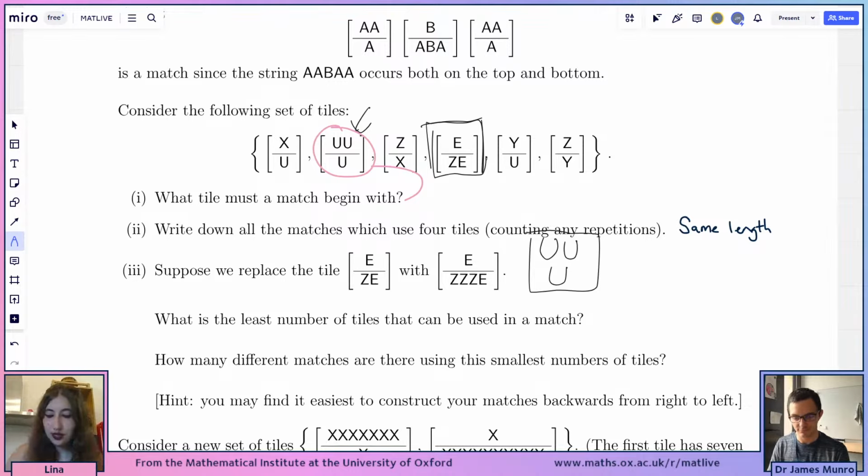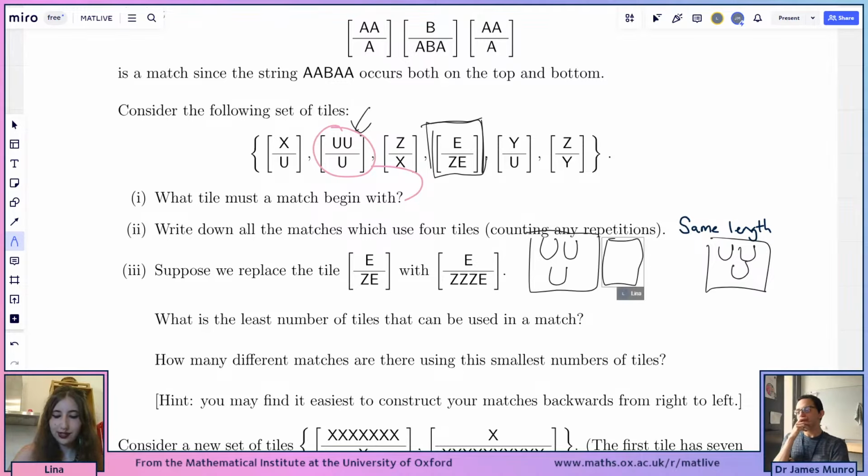So if we start with the U tile, then we've got 4 on the top and 2 on the bottom. And we need only 2 more tiles in between. So let's call this tile 1 and tile 2. So this is going to have 2 on the bottom, 1 on the top, using the tiles we've got. Sorry, that last one is E. You've written U over U, but I think you mean E over ZE for that last one, right?